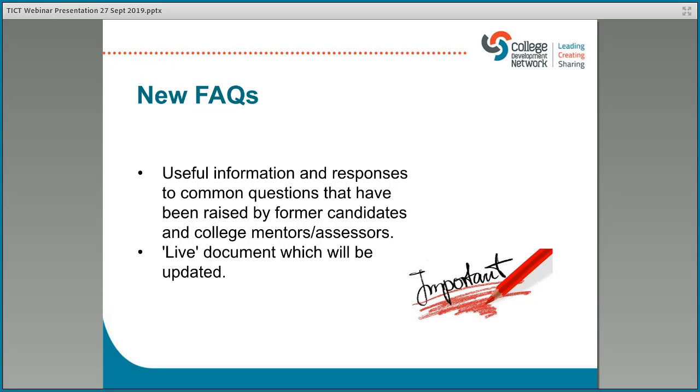So this is designed to provide some information from a candidate's perspective, responding to typical questions that we have had over the last year or so from individual candidates, but also in response to some of the more commonly asked assessor and mentor queries, particularly those that have been raised from new staff using the materials for the first time.